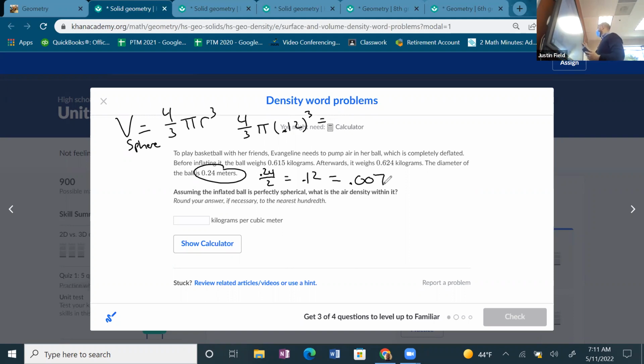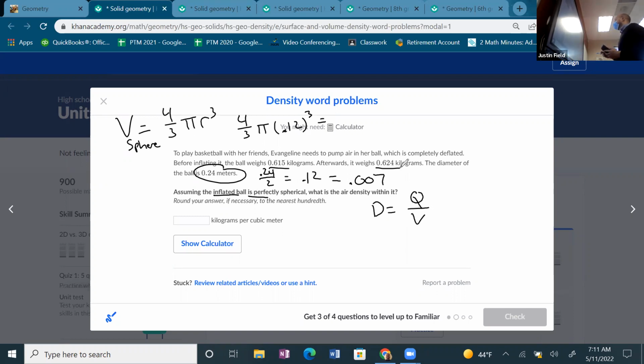And we know that density is equal to the quantity divided by the volume. Is that right? So assume it's inflated, it's perfectly spherical. Before and then after weighs that many.